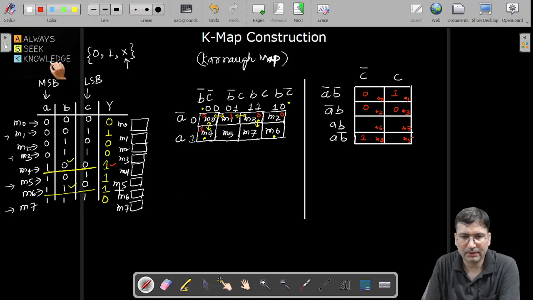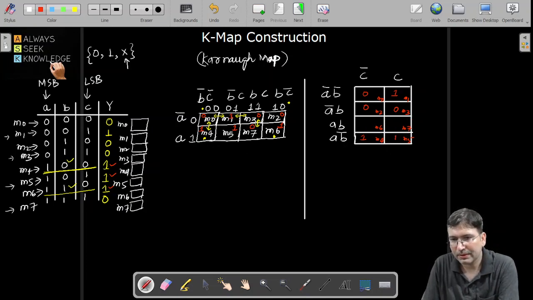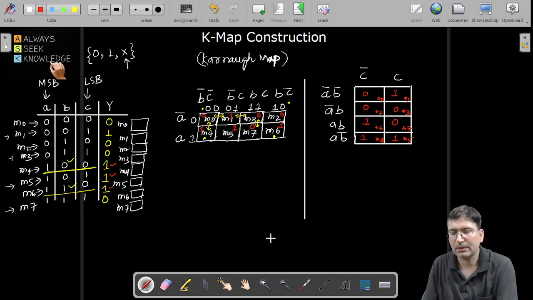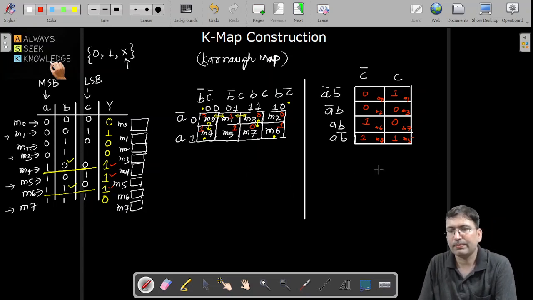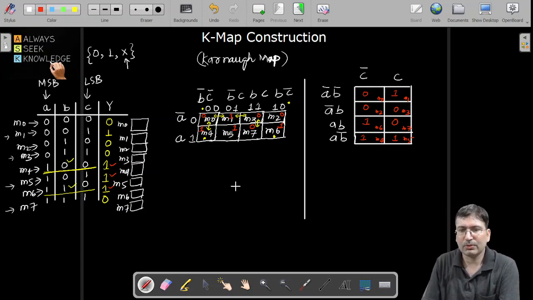Then M5 is 1, M6 is 1, then M7 is 0, so M5 is 1, M6 is 1 here, and M7 is 0. So I hope you have understood how you can draw the K-map for 3 variables, right?